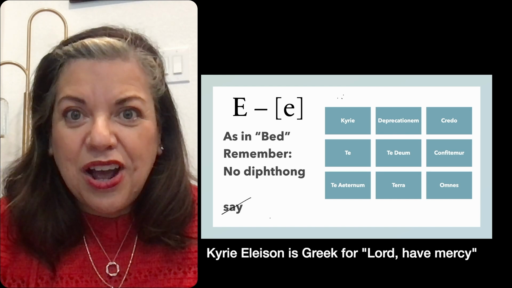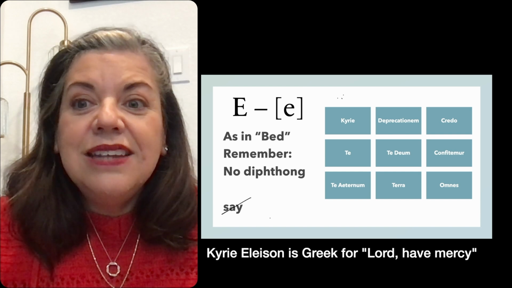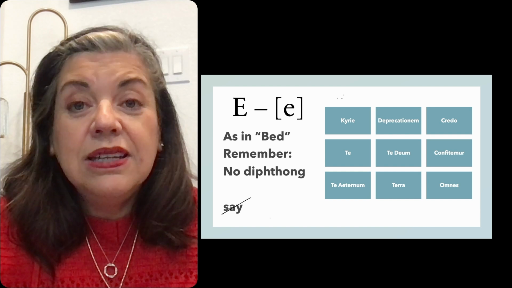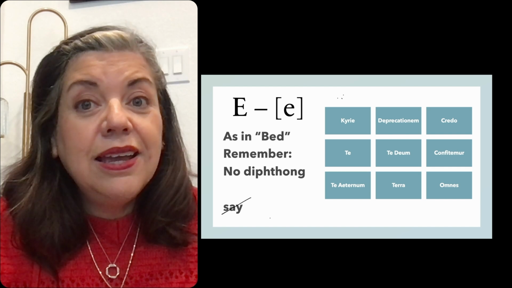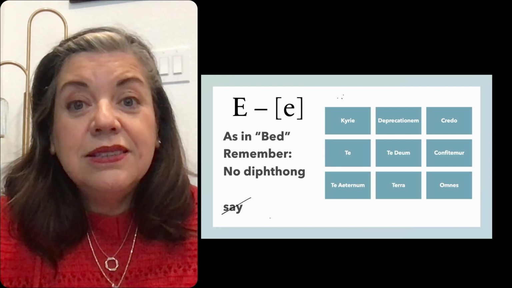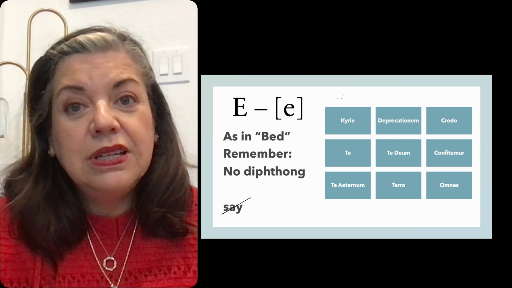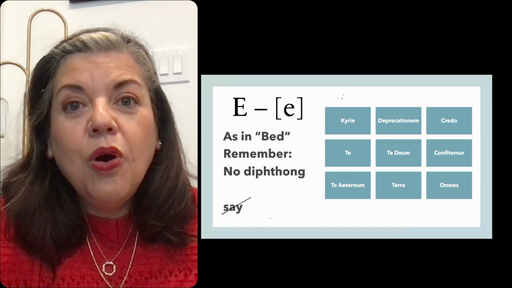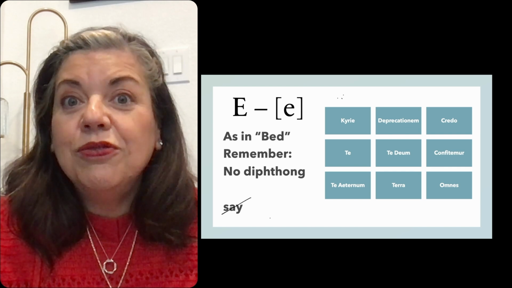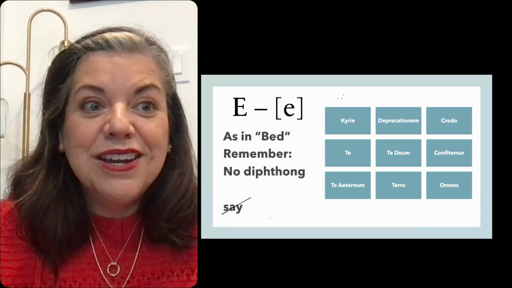Let it just cut off. Kyrie, deprecationem, credo, te Deum, confitemur, te eternum, terra, omnes. So again, careful with the diphthongs. I can't stress that enough.